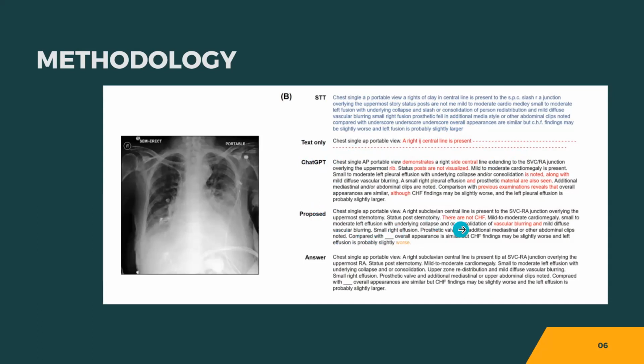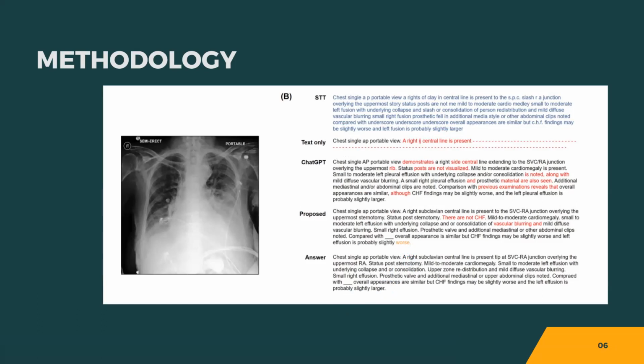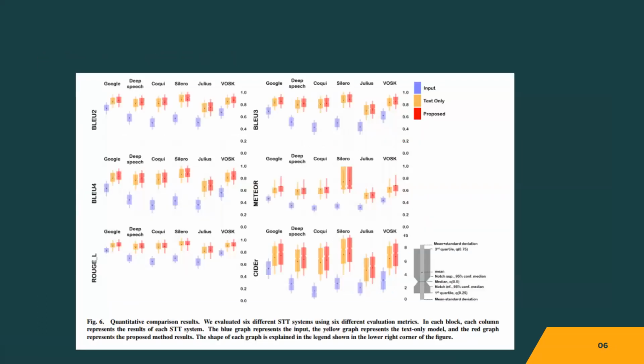Proposed, on the other hand, tried to mimic the same words that were needed. But as you can see, there is this word "verse" written in yellow. It is not the exact word, but it is slightly relevant because here what we probably need is slightly larger. Larger in the sense that it is worse. So that is not exactly correct, not matching exactly, but it is slightly, as you can say, acceptable.